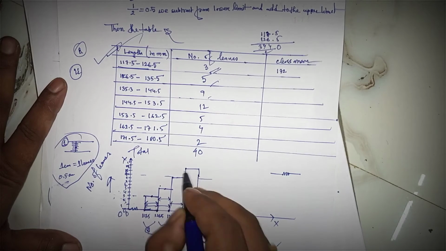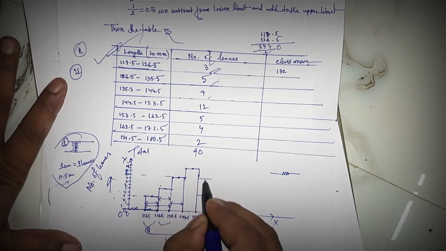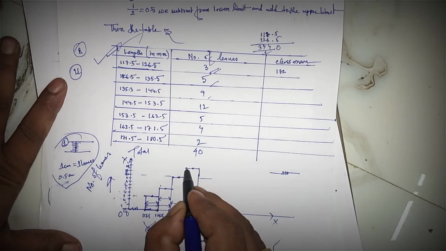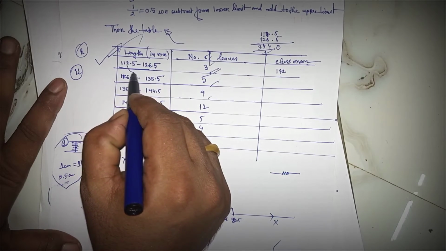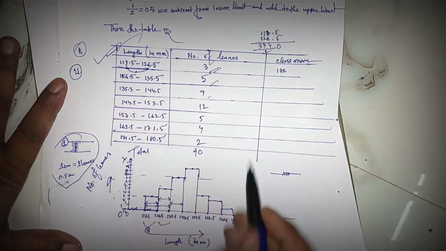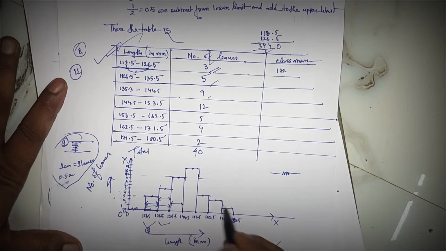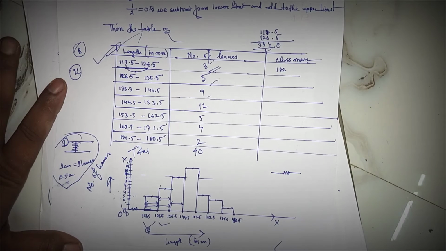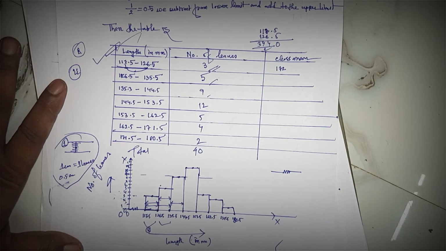Class mark means the middle point of these two points, because we add these two values and divide by 2. So all are middle points. Now here we need to do only one extra thing.